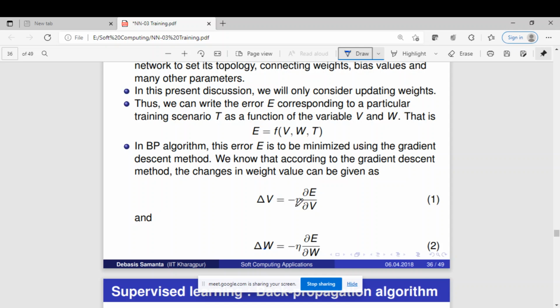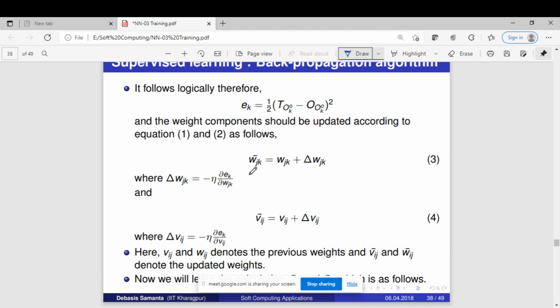Why this minus sign, you may ask. The reason is, whenever we calculate the updated weight, the formula we follow is this: wjk or vij, where the bar represents new weights.